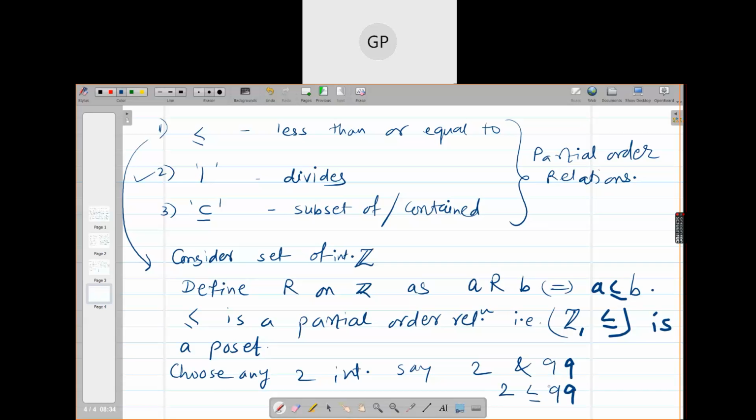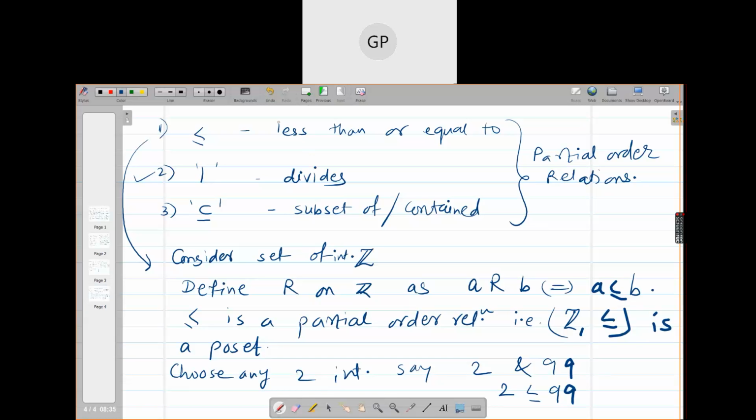Yes or no? तो आप z के कोई भी इंटीजर्स ले लो, कोई भी 2 नंबर्स चूज कर लो, आपको वो ये रिलेशन सेटिस्फाई होगा ही. Any 2 numbers you select, one of the numbers is less equal the other, right?